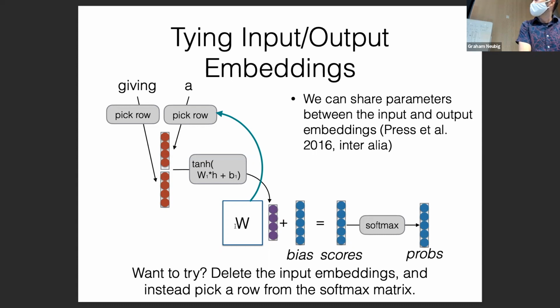The second thing is that you can also do something called embedding tying. You note that the embeddings on the input side and the embeddings on the output side are both over the entire vocabulary, so you can share the parameters between the input side and the output side if you want.